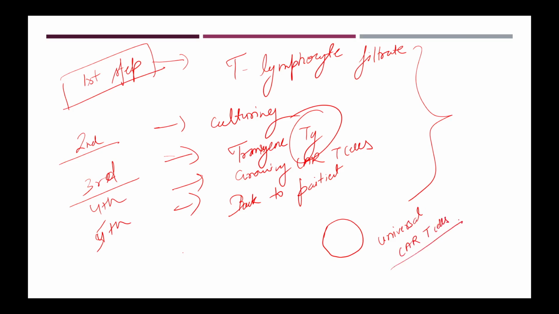So that when a patient comes for CAR T cell therapy, there is no need to take out his own lymphocytes, modify them and put them back. There should be a stock ready of CAR T cells that can be directly infused into the patient's blood so that the patient can be treated more quickly. Those are the limitations, and to overcome them, these universal CAR T cells are being designed.